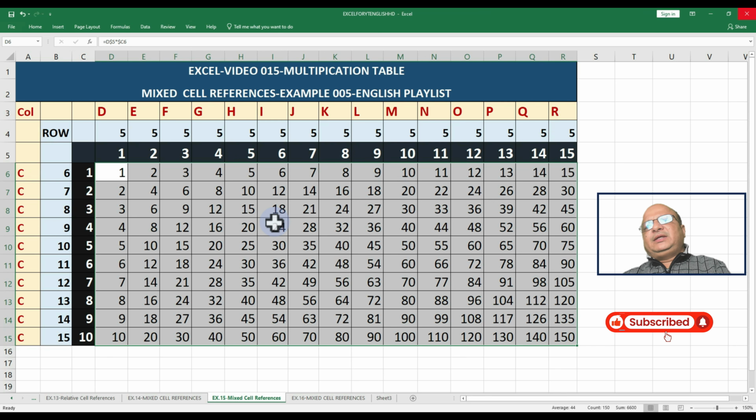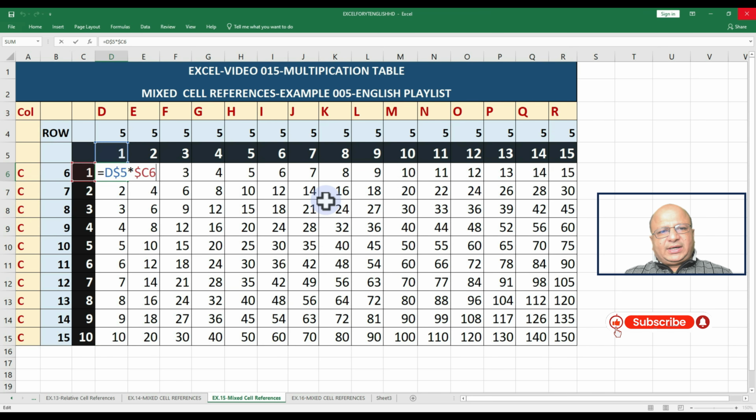So what do we mean by mixed cell reference? If we check this formula F2, the first cell address is D5. Here in this cell address we have the column reference represented by letter D and number 5 represents the row reference. So we have a dollar sign in front of the row reference, that is number 5.